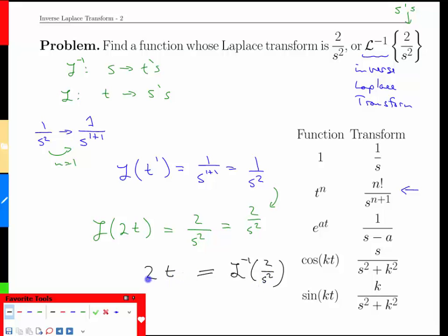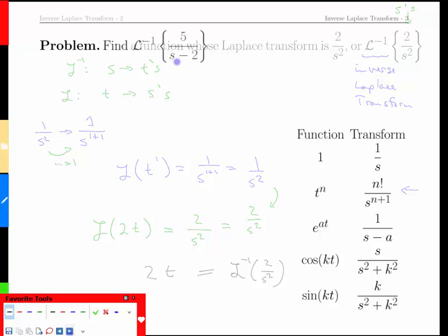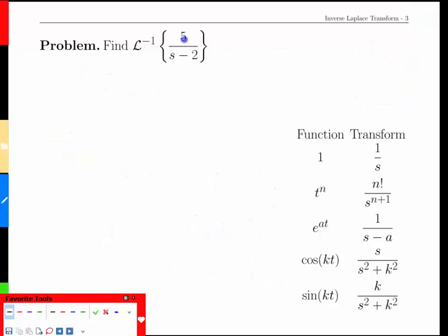With a bit of practice, this becomes more clear. Looking at this example here, we're asked to invert 5 over s minus 2. We scan down the list. This is definitely a match to this form here with s minus a, where a is going to equal 2. So what we could say immediately is the inverse of 1 over s minus 2 is going to be e to the 2t, e to the at.